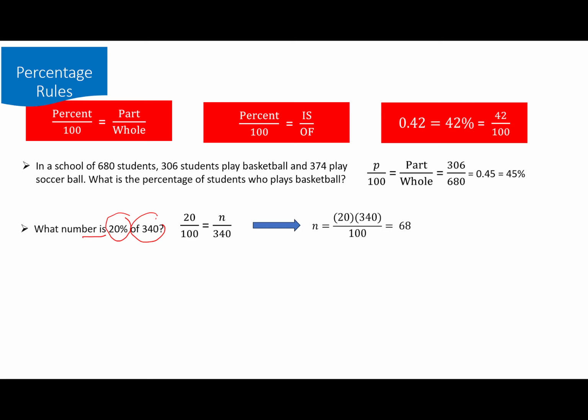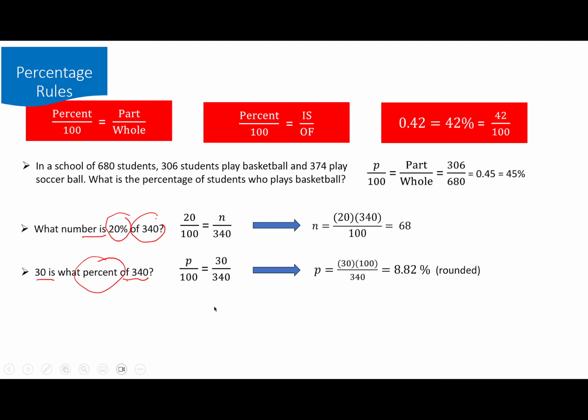So 68 is 20% of 340. 30 is what percent of 340? The is is given, the of is given, percent is unknown. So P over 100 equals 30, the is, over 340, the of, and again cross multiplication, you get P equal to 8.82%.